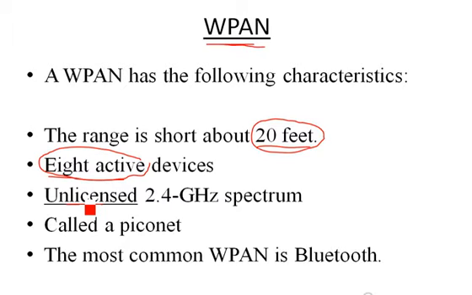There are two types of license-free band for radio communication. Let me explain it. One is ISM, which is the industrial, scientific and medical band, and the other is UNII, sometimes pronounced UNI.